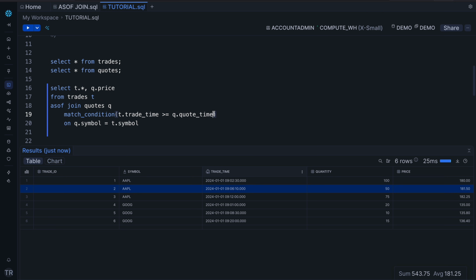So basically, this is the match condition, which tries to join the two tables, either if there is an exact match or the nearest match, either by matching the preceding value or the following value. So this is the whole concept of ASOF join, and it can be very useful when you are dealing with concepts where you want to join some tables and you have time or date fields and you know that it may or may not always match.